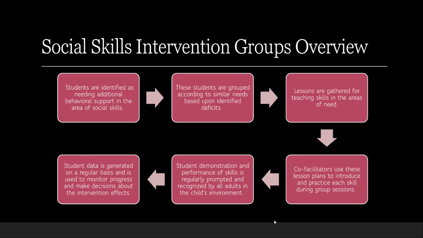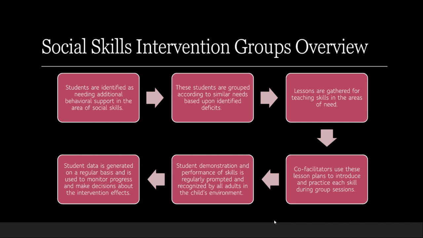So once that team has identified that a student is in need of social skills intervention, they also have to have a process in place to identify what those social skills deficits are so that they can group those students for instruction based on that. We'll talk about that in a second here. Then after they have grouped those students based upon those social skills needs, they're going to gather lessons to teach those skills. The co-facilitator is going to use those lesson plans to introduce and practice each of those skills during those small group social skills sessions.